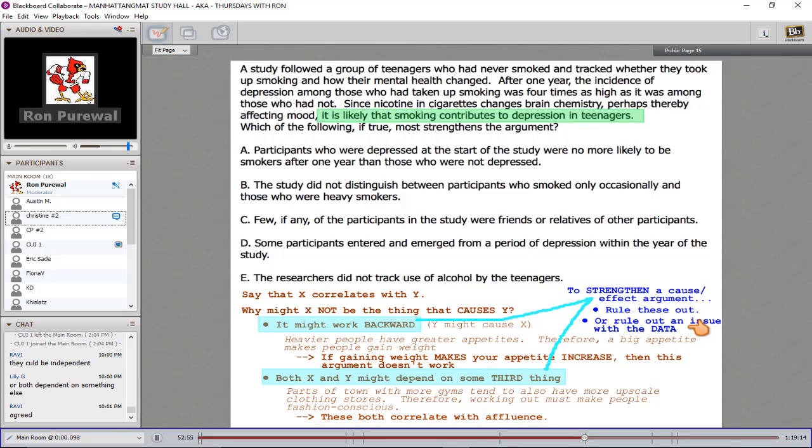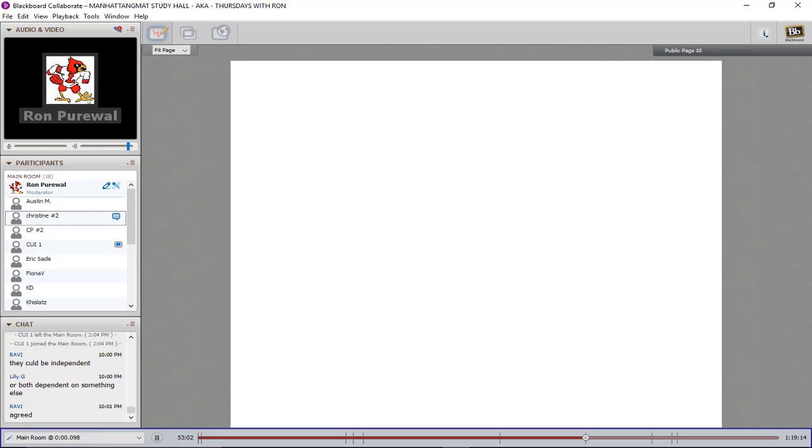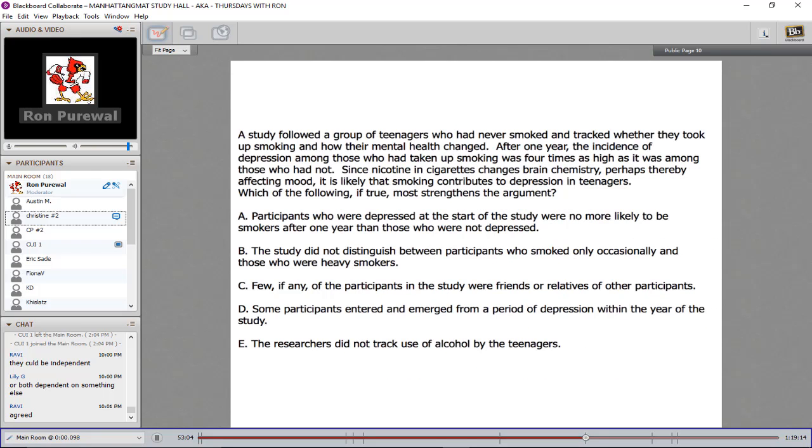Let's see what's happening here. Let's take this to a page with more free space. What they looked at is, after a year, there were more depressed people among smokers than among non-smokers.